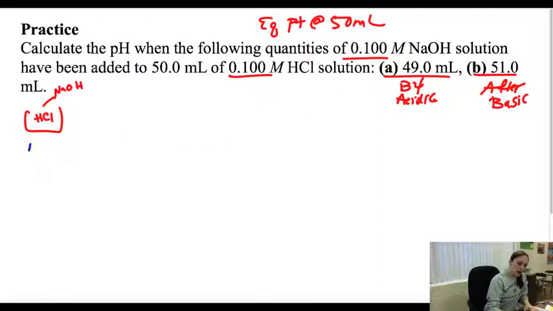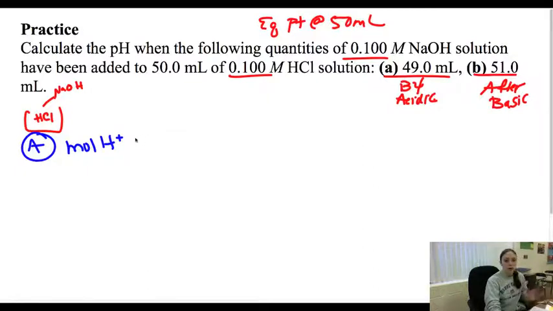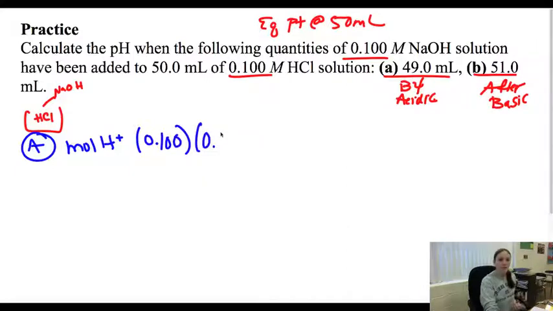Now when I look at A, I need to figure out how much H plus and how much OH minus I have to begin with. So I need to know my moles. My initial moles of H plus: molarity times volume is moles. So my molarity is 0.1. My volume is 50 milliliters, so I have to change it to liters, so it's 0.05 liters.